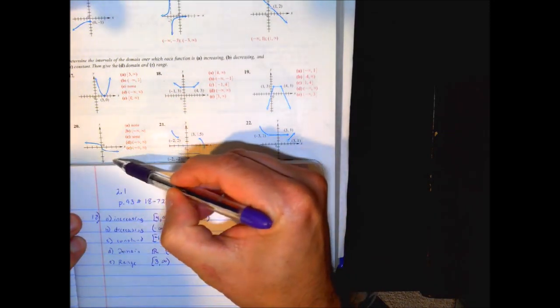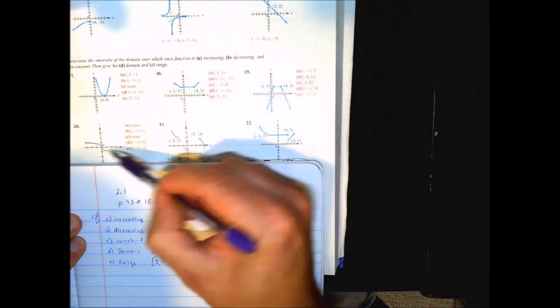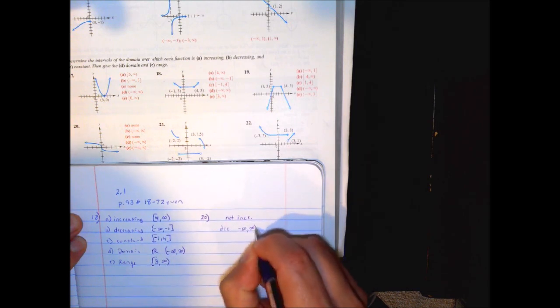Okay, number 20, same thing there. It's never increasing here, it's always decreasing the whole time. So it's decreasing from negative infinity through positive infinity. We'll say decreases from negative infinity to positive infinity.